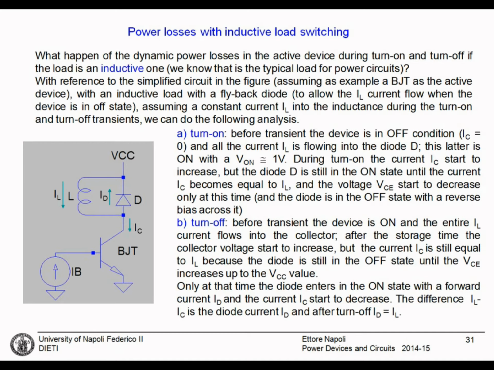The load is the inductance, and in typical condition, the current through this inductance is constant, more or less, and flows in one direction. Then you have the capacitance and a resistance, but this is not important for the device when it switches on and off. What matters is that this is a constant current.